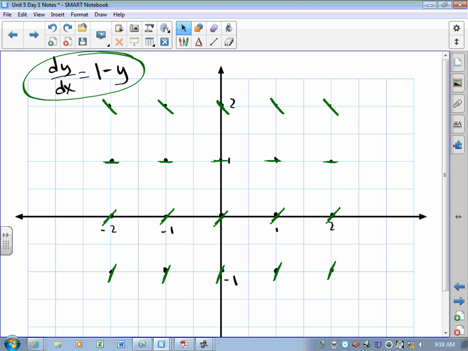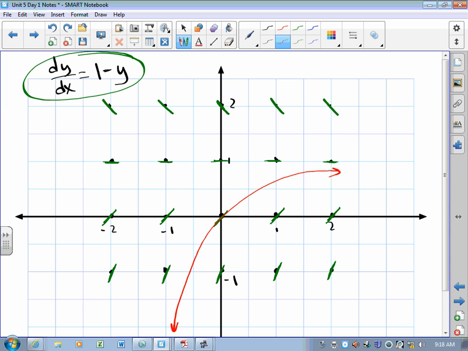And so you can almost imagine that the curve has to come up looking like this. Similarly, coming from the top, as y gets larger and larger, dy/dx gets more and more negative, so you can well imagine curves that look like that.